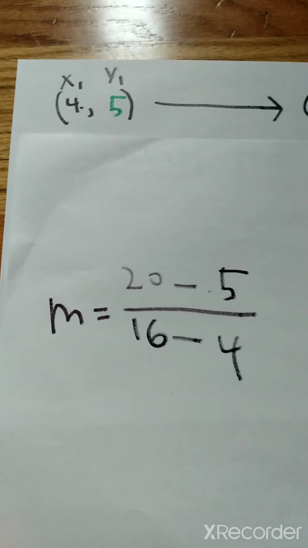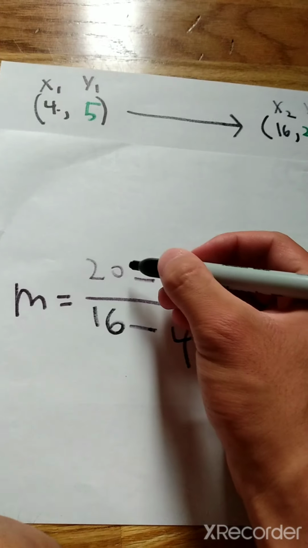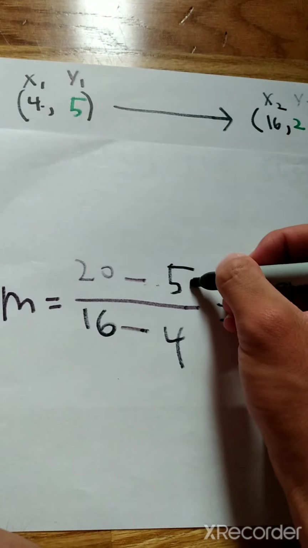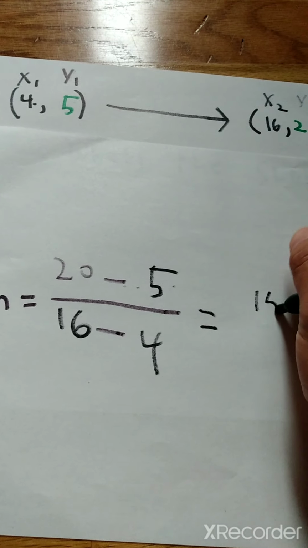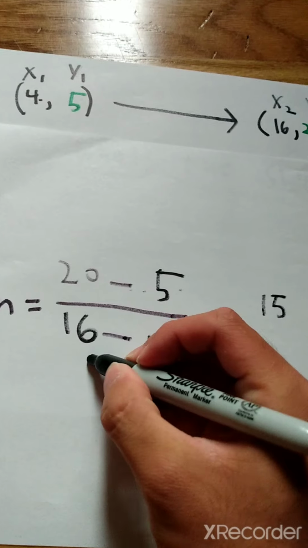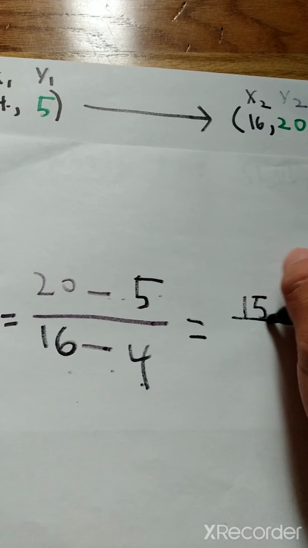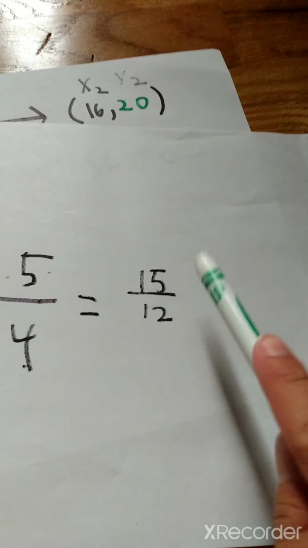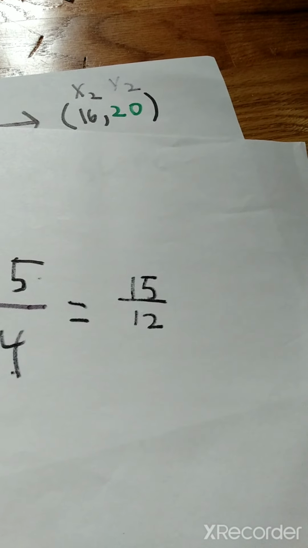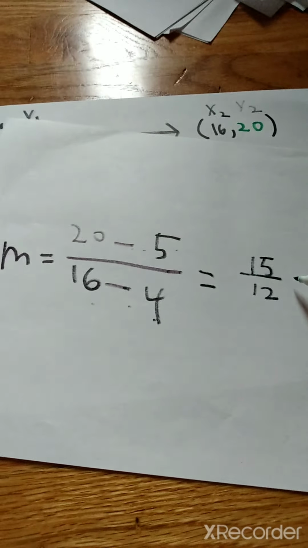Now we can understand what our slope is as a fraction. 20 subtract 5 is going to be 15, and 16 subtract 4 is going to be 12. So 15 divided by 12, and we just got the answer.